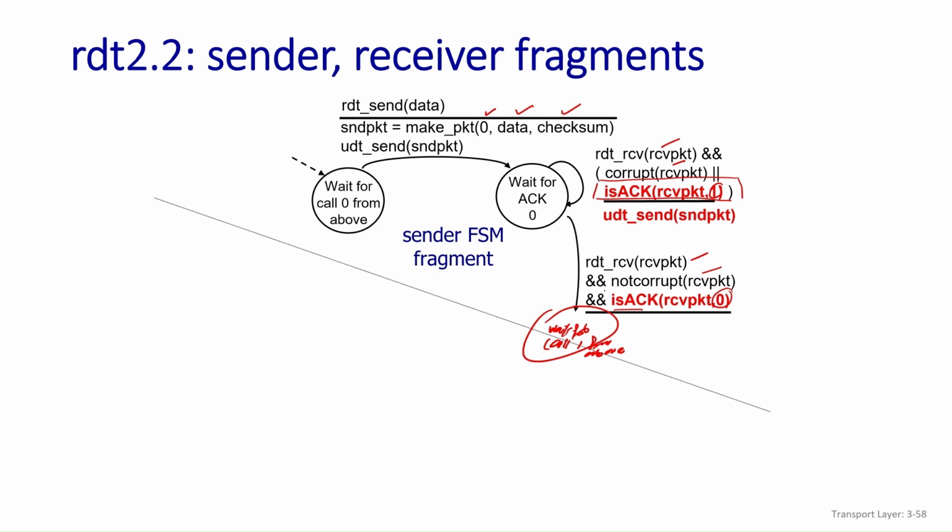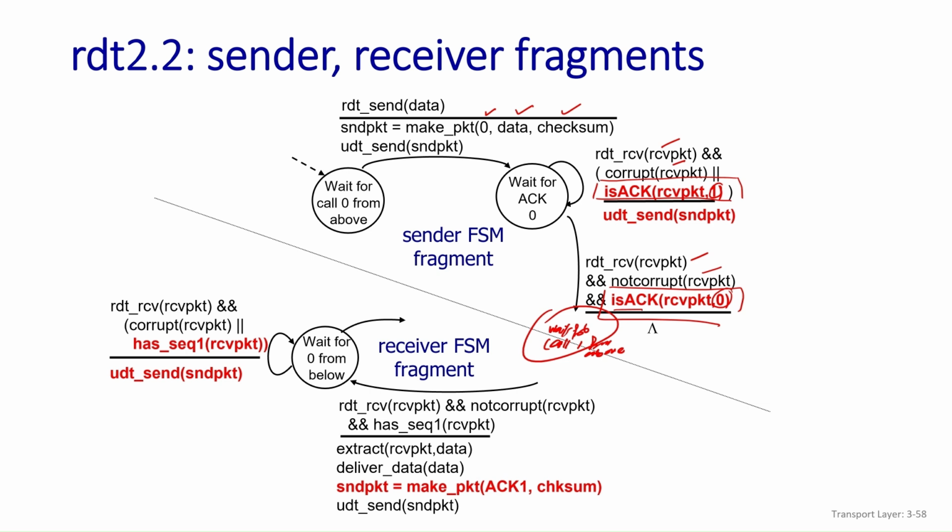If this acknowledgement is zero and the packet is not corrupt, I will make the transition to the state wait for call one from above. But if I receive a packet that is either corrupt or an acknowledgement of some other sequence number, I need to resend this packet. So this essentially gives me the same functionality as 2.1, but in this case, I'm not using any negative acknowledgement.